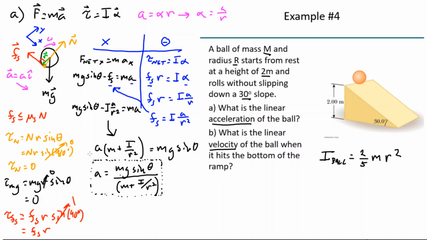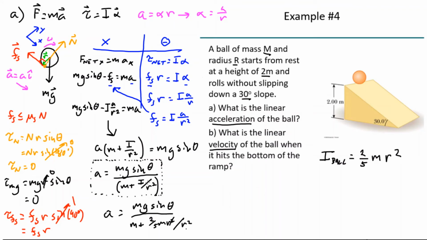So I can go ahead and plug that into this equation for A, and I get that the acceleration A equals mg sine theta over m plus 2/5 m r squared divided by r squared.